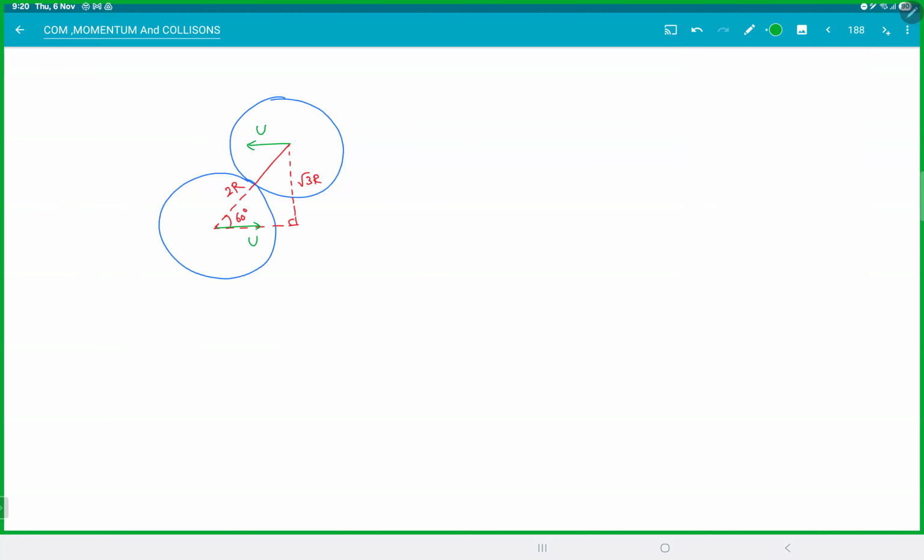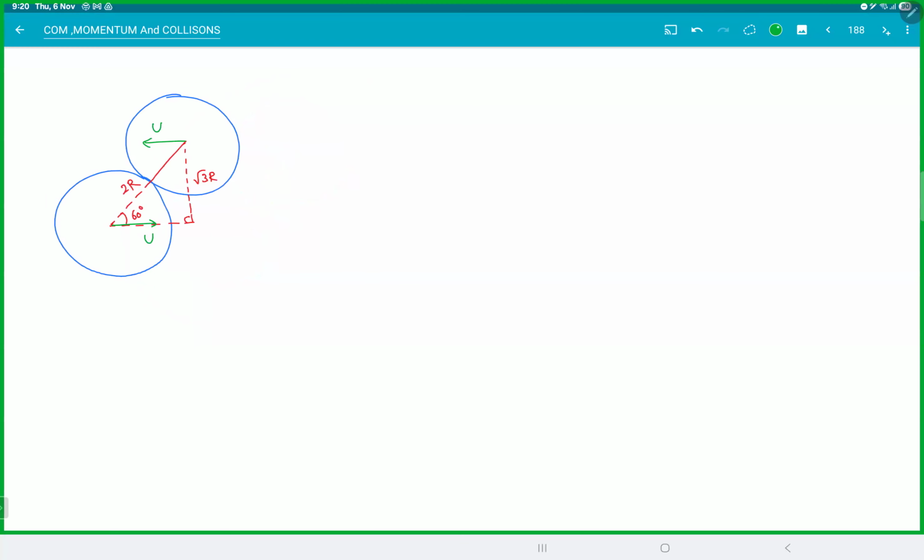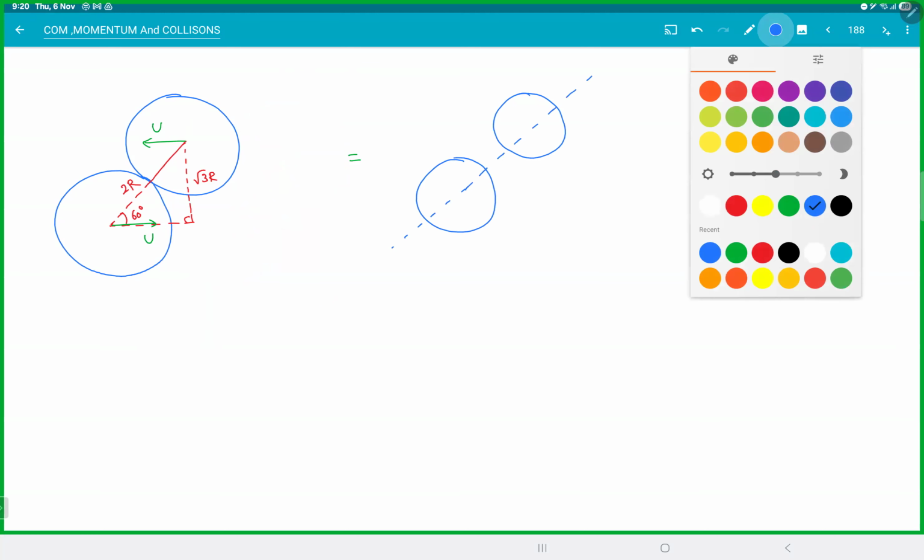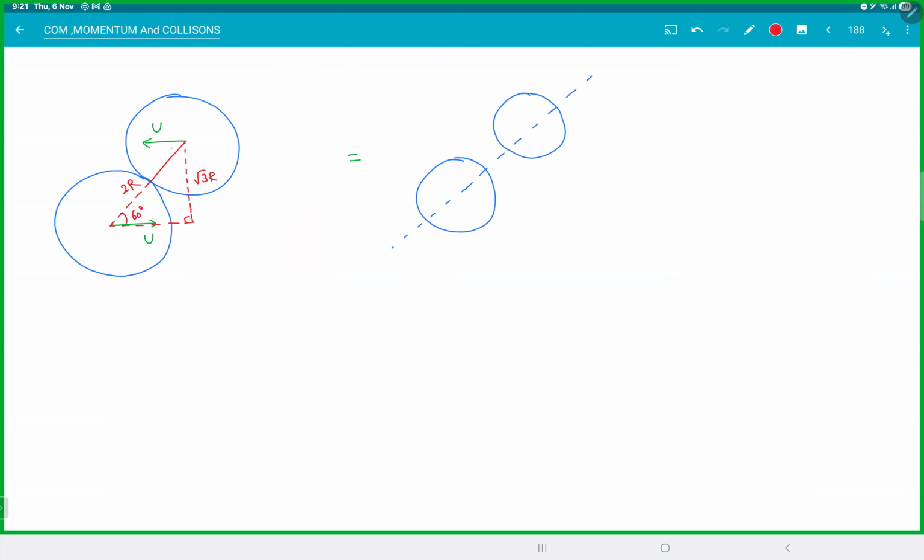So we need to resolve the velocities along the normal and perpendicular to the normal. So we can split the problem into two pieces. So that is 60. So this is also 60.